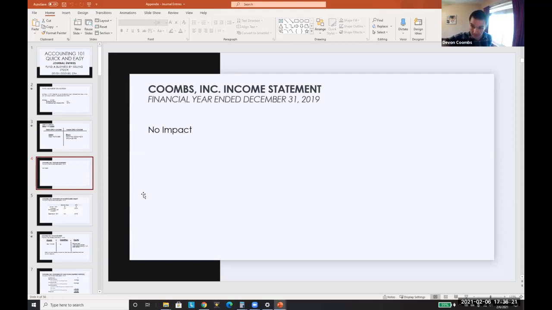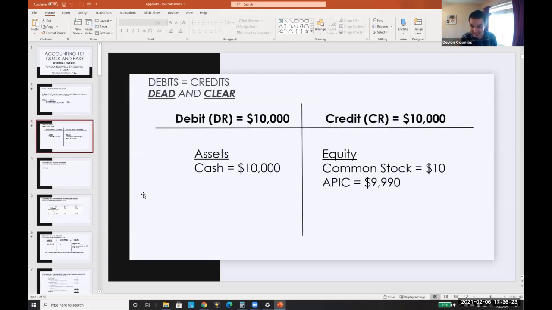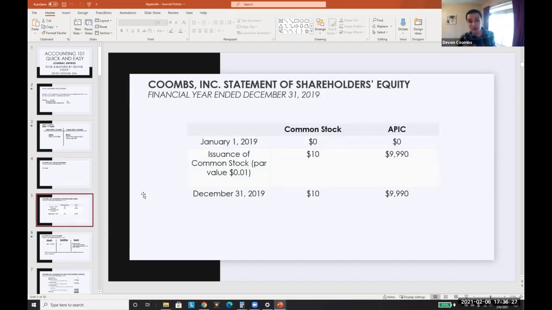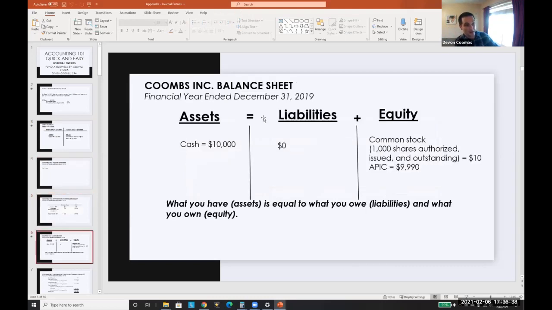We make our income statement first. My business hasn't had any income yet, so we don't have an income statement. We then make our statement of shareholders' equity. We have equity of 10,000 from common stock and our APIC. And then we make our balance sheet, where our assets equal our equity of 10,000.